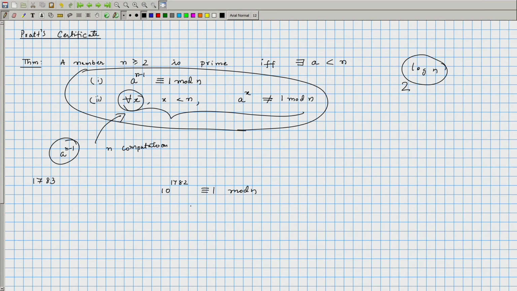This calculation is not very difficult because we can do it by repeated multiplication. So, this can be checked. That basically checks the first thing. What we are essentially asserting is that when a is equal to 10, that will certify that 1783 is prime. Anybody can do this computation with a calculator. The value of n here is 1783.